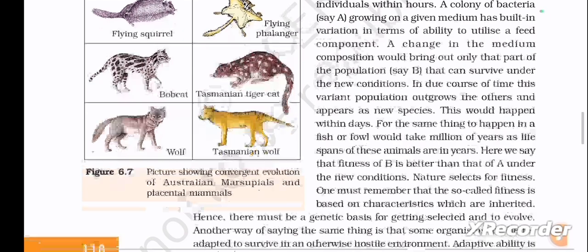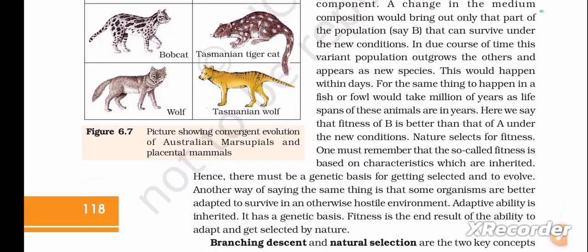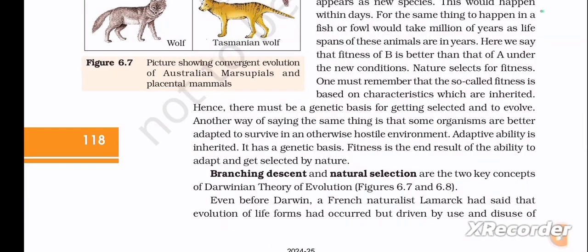This would happen within days. For the same thing to happen in a fish or fowl would take millions of years, as the lifespans of these animals are in years. Here we say that fitness of B is better than that of A under the new conditions. Nature selects for fitness.